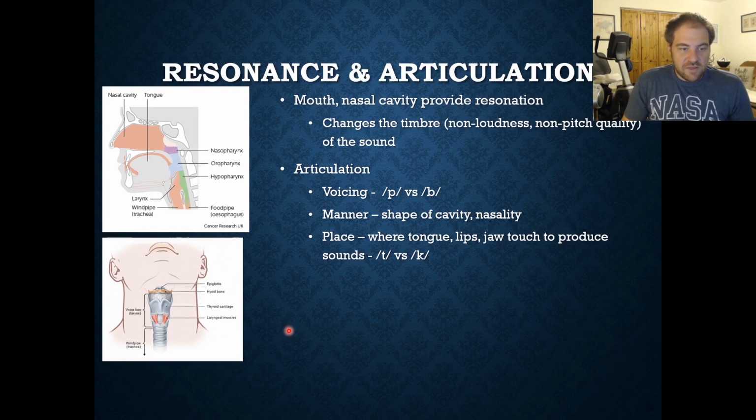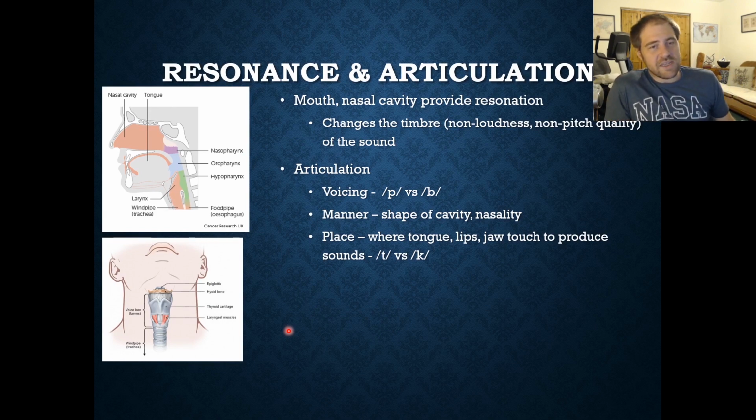You can do things like voice a sound versus not. So p versus b. P and b are very similar in terms of what's happening with the effectors, but not with the voicing. You can change the place. So you can do a t versus a k. And where that constriction is creates a totally different sound.